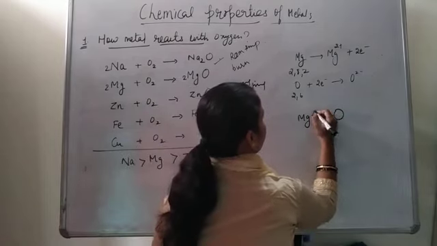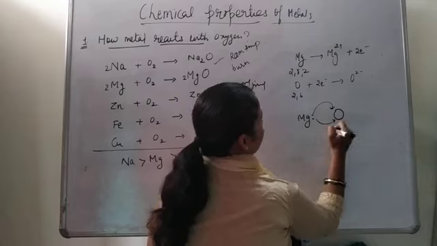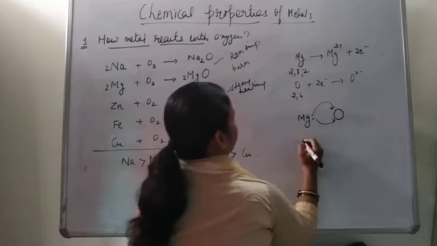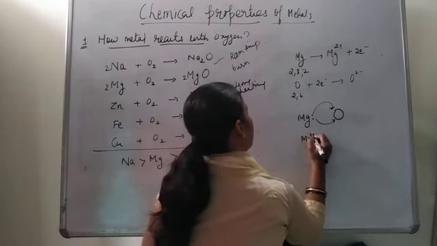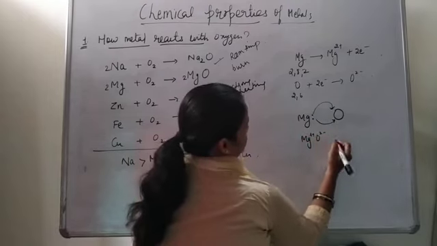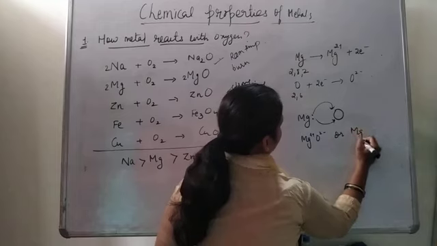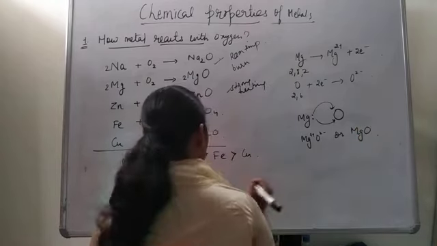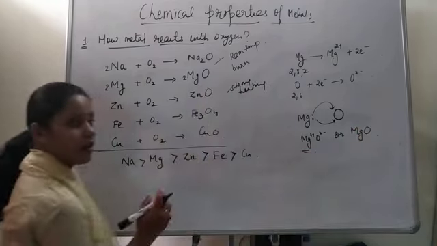So oxygen will accept these 2 electrons from magnesium and form Mg2+ and O2-, which we write as MgO. This is how an oxide is formed.